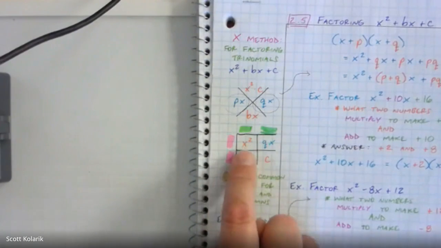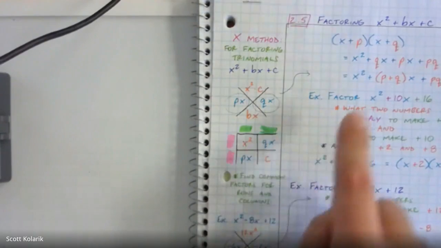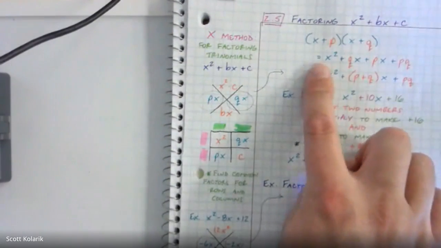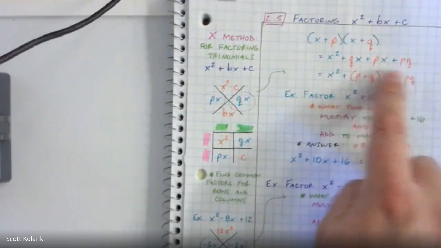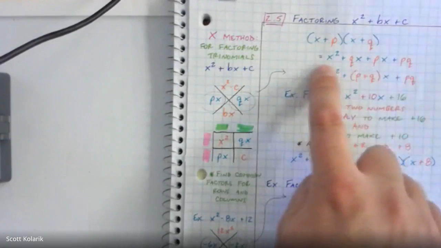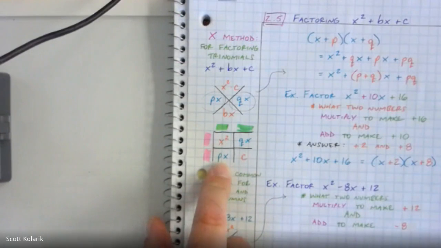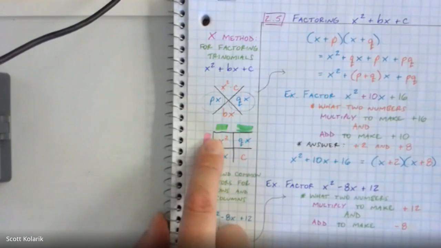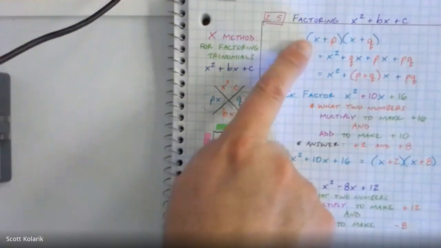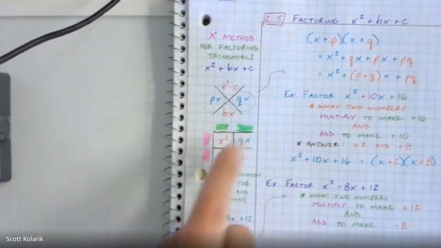Kind of describing where this comes from. This table right here, you may notice x squared, qx, px, and c, that actually ends up being just the fully distributed version, but not combined like terms version of whatever that process would be. And so now pulling out the common factors is the equivalent of working backwards to whatever the factored version is.